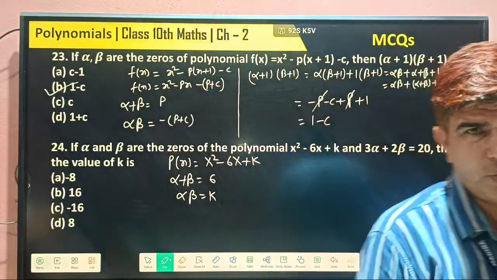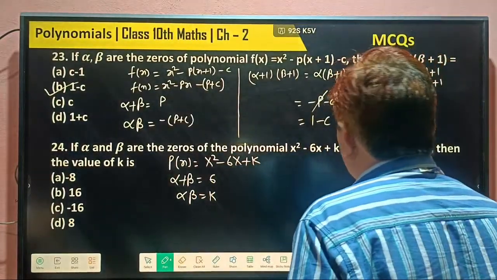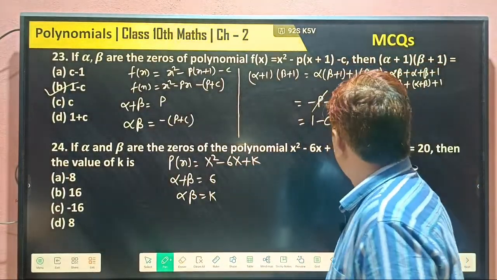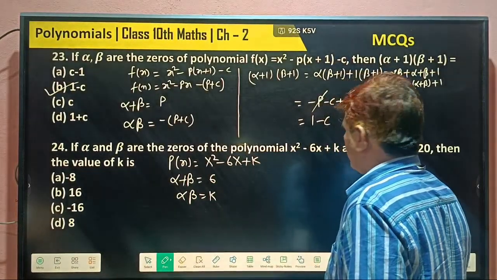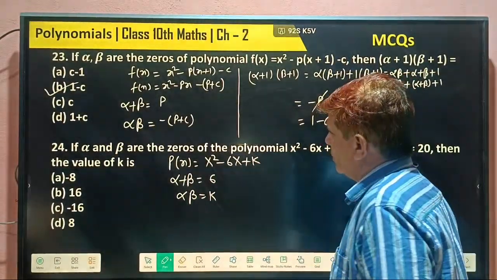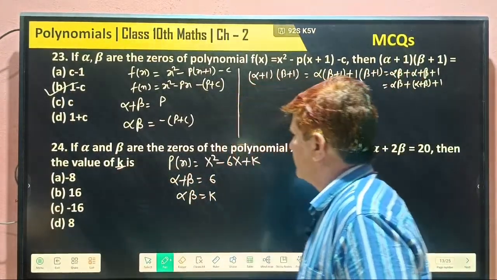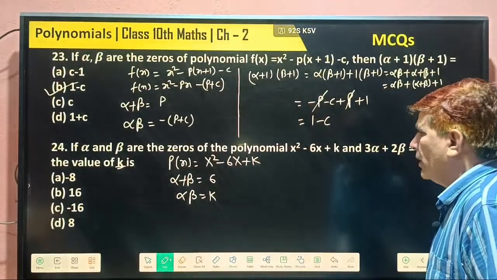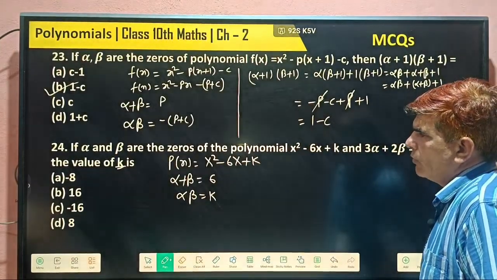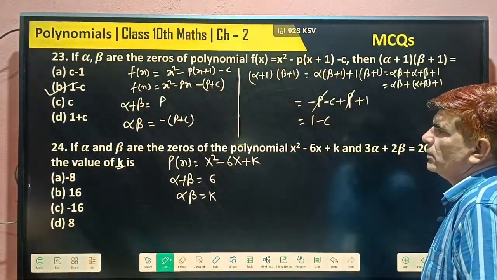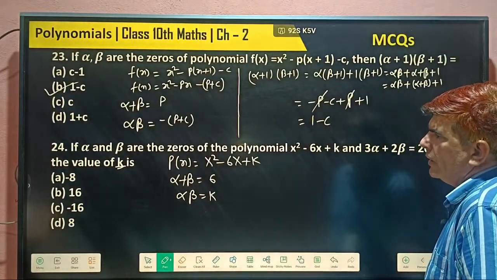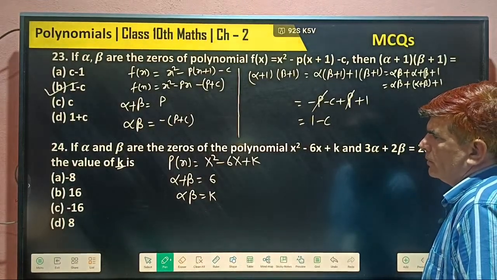Then what we have to find out? We have to find out the value of k. And how is it possible to find the value of k? If we can find the values of alpha and beta.